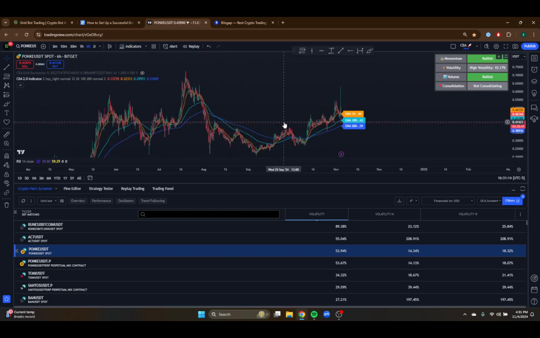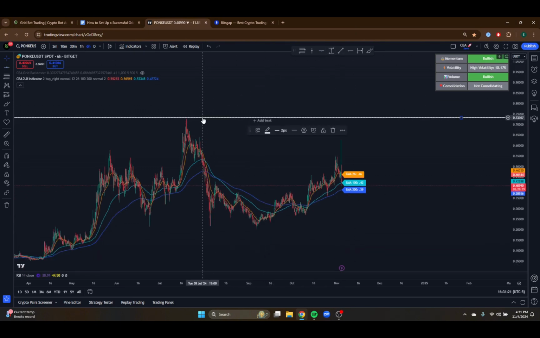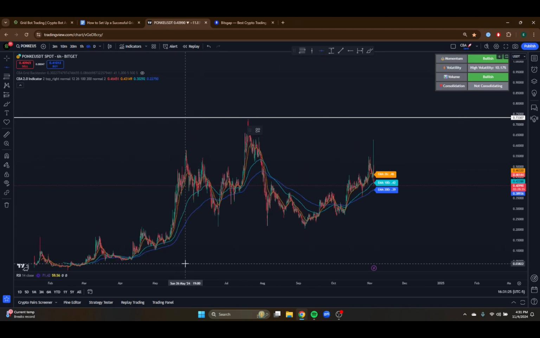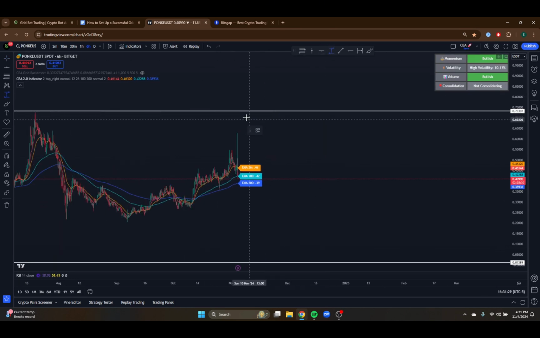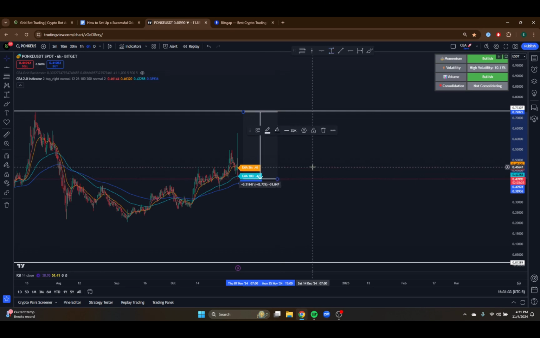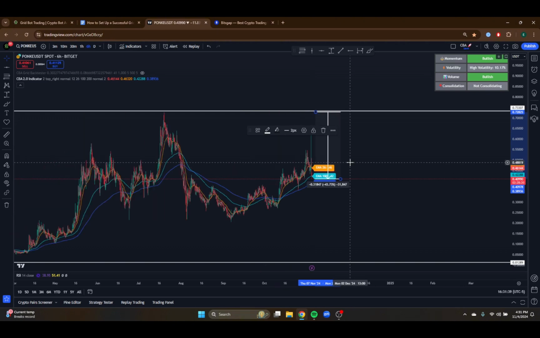One of the things that I'm not a big fan of, and I'm just gonna minimize this, is that we're gonna identify our highest high and our lowest low, which is gonna be somewhere around here, and we can see that we are 43% from our highest high, which is usually not great.